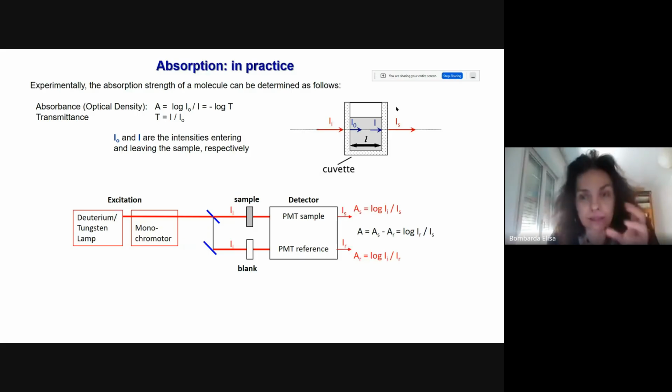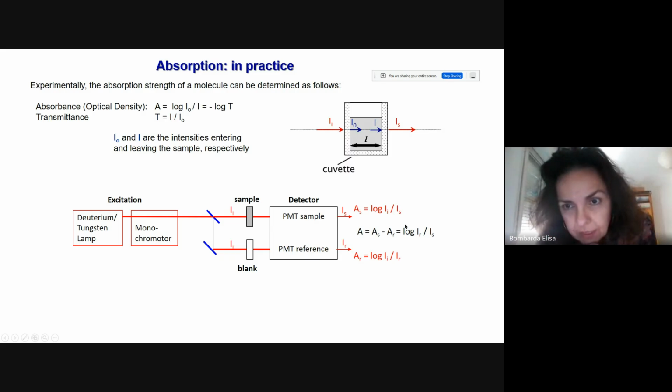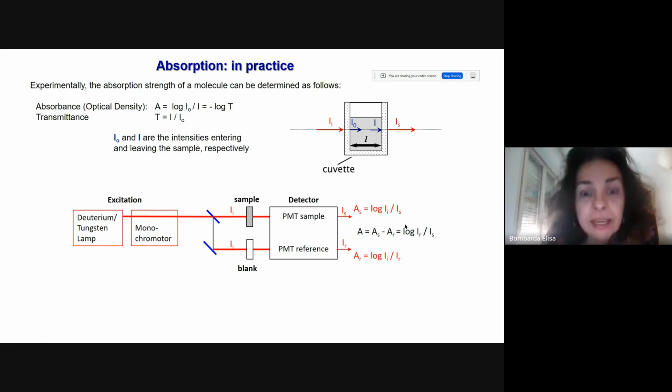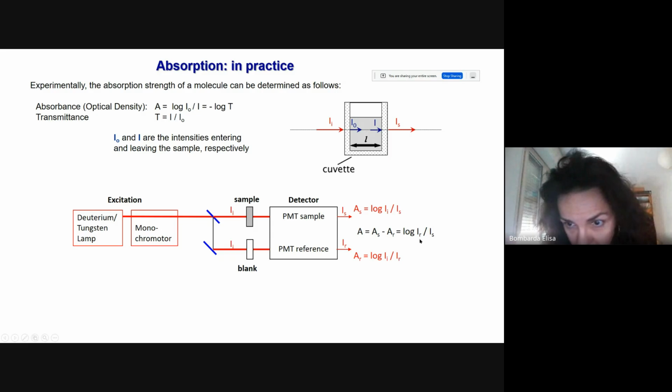To isolate the absorbance of our molecule, we have to make this difference between sample and reference. In a double beam spectrophotometer it is done automatically, so this black signal that I represented here is what we get immediately.